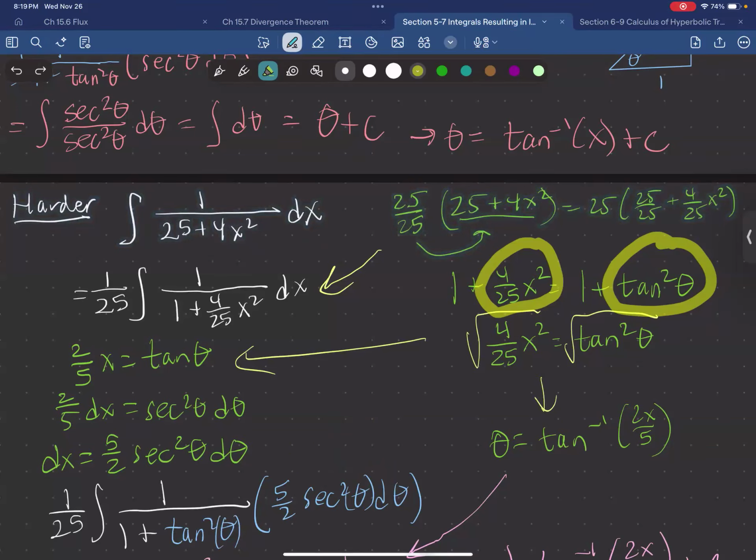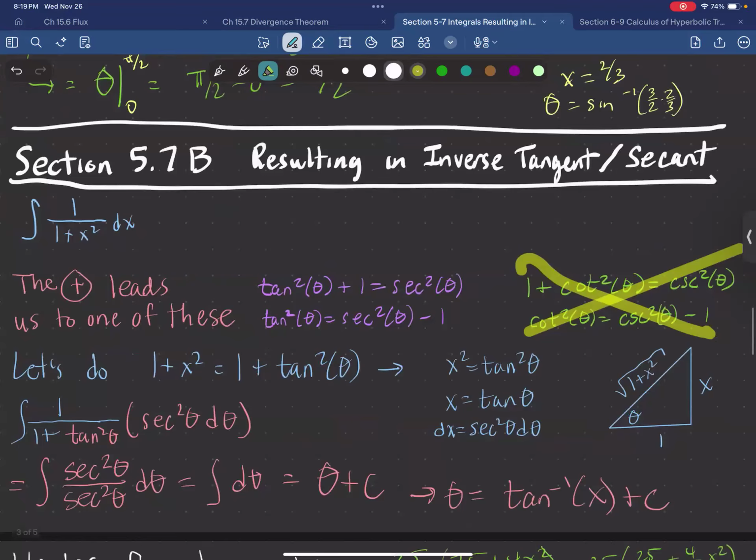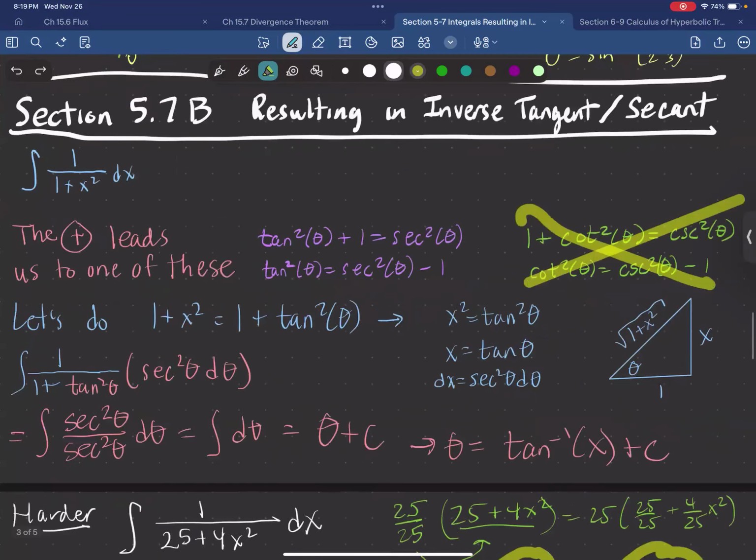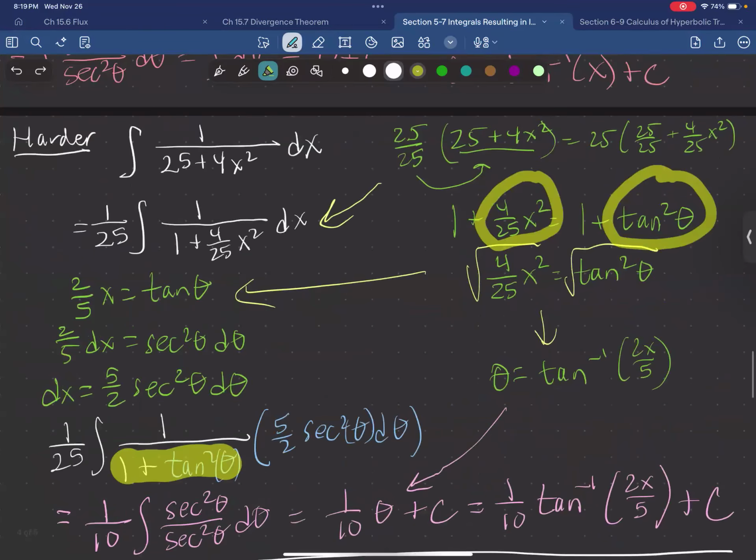So this is secant squared theta. So we apply that here. The bottom is secant squared theta. The top is secant squared theta. I multiply 1/25 and 5/2.